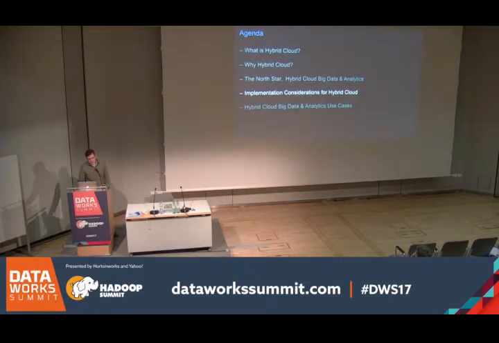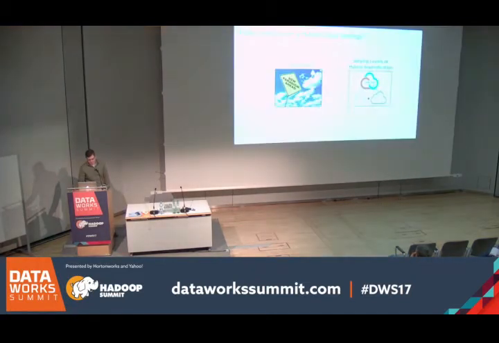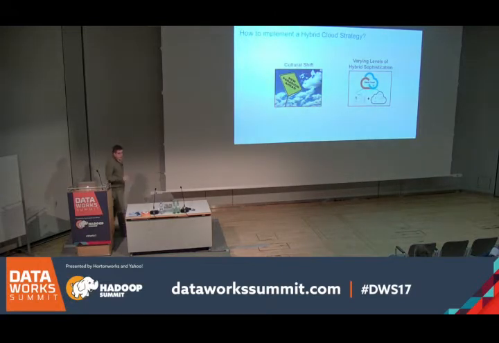So let's talk about implementation considerations. Two things you need to think about when you start thinking about how you are going to do this hybrid cloud strategy. One is culture shift, because it's not about the technology; we have the technology in place for you to set up a hybrid cloud environment, but people need to start thinking differently.